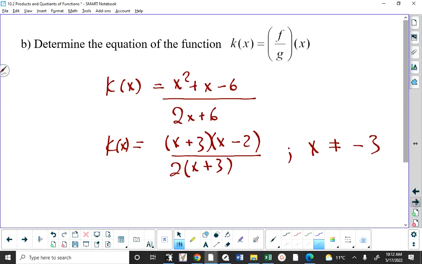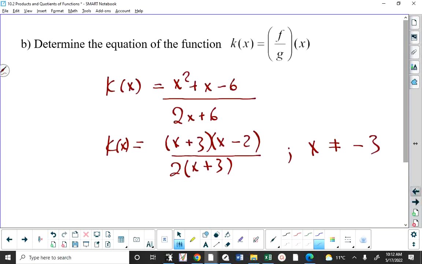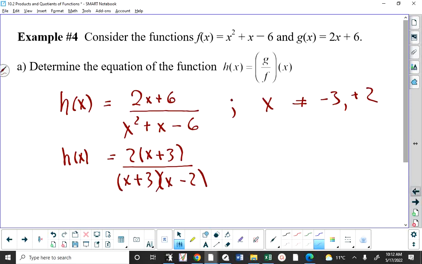Okay, so now C says analyze the two functions. What am I talking about? Well, we had a lesson where we analyzed rational functions by talking about x-intercepts, holes, asymptotes. I'm going to write my answers to C up here where I can see these. When I analyze this function in A, there's a hole at negative 3 comma something.